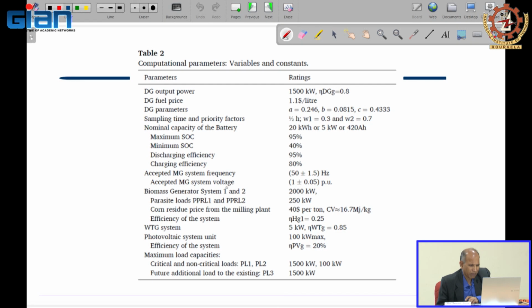Then we have the biomass generators, both 2000 kilowatt, both 2 megawatt. Then the loads, first and second load, 250 kilowatt.